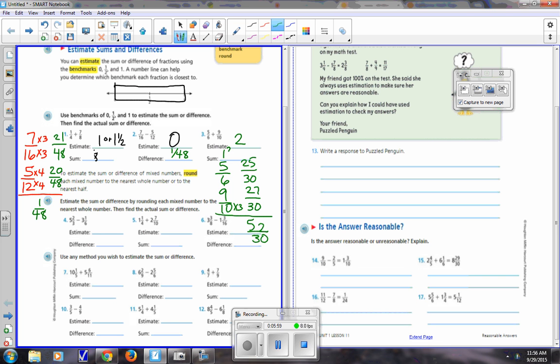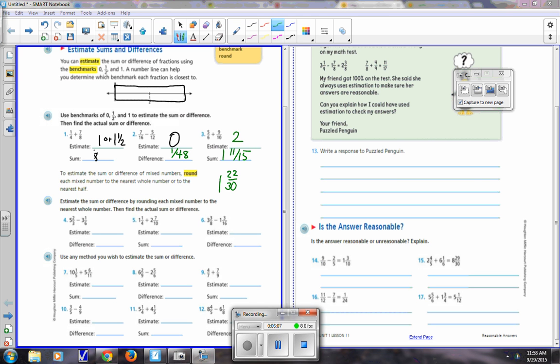So the question is, how did we get from 1 and 22/30 to 1 and 11/15? You have to divide by 2, because 2 can go into 22 11 times and into 30 15 times.